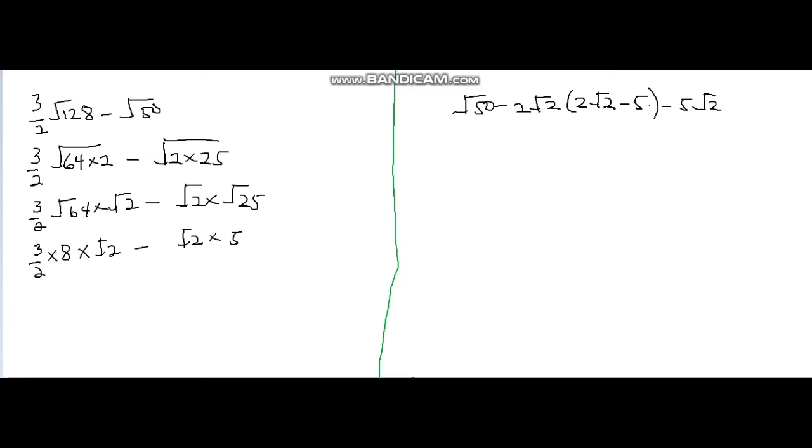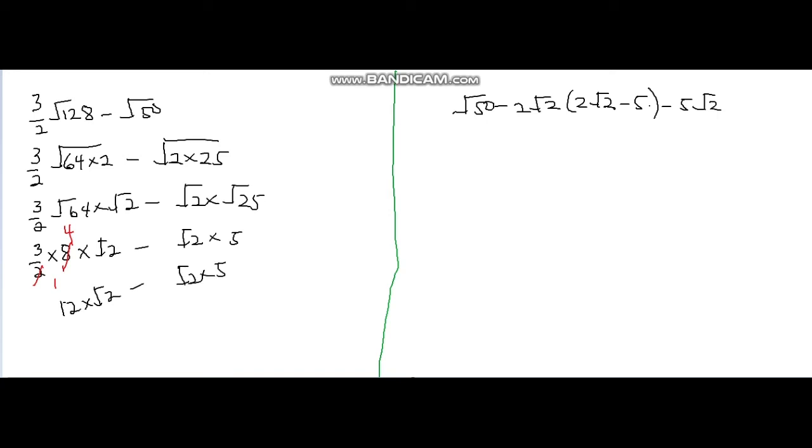So 2 and 8 can cancel. 2 goes here as 1, it goes here as 4, right? So from there, 3 times 4 gives you 12 times root 2 minus square root of 2 times 5.